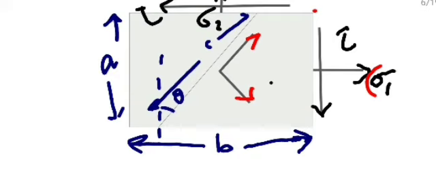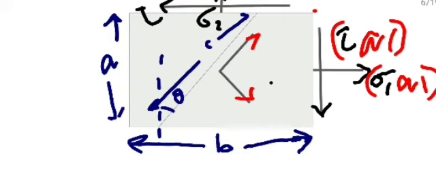So the force for sigma 1 will be sigma 1 times A times 1. Now the force along this stress is tau times A times 1. Now the force along sigma 2 is sigma 2 times B times 1. Along this, tau is tau times B times 1.